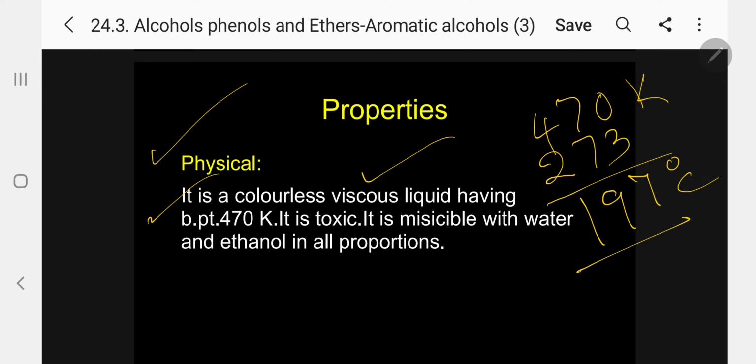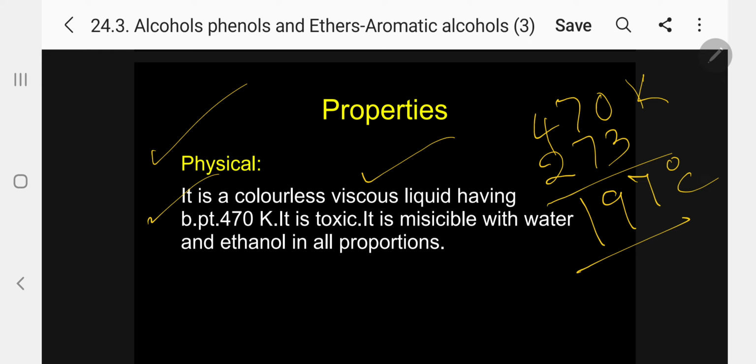Why am I indicating this in terms of centigrade rather than Kelvin? We cannot imagine the real nature of the boiling point in Kelvin; in terms of centigrade, our mind works immediately. 200 degrees means, because ordinary temperature is 25 in foreign countries, and in our country it is 28 to 30.